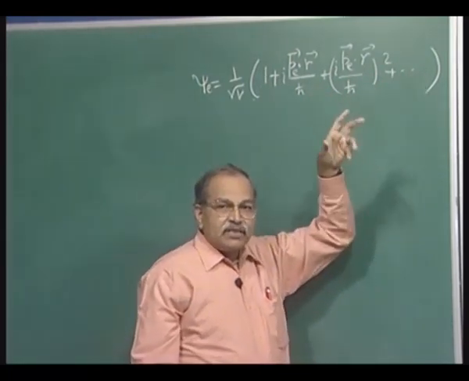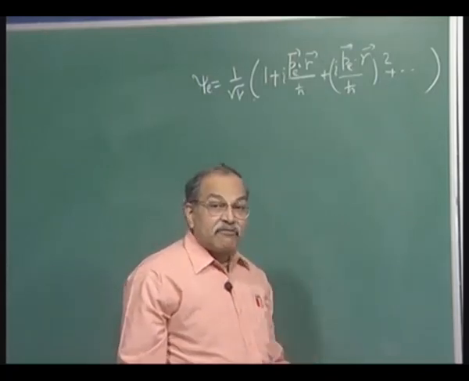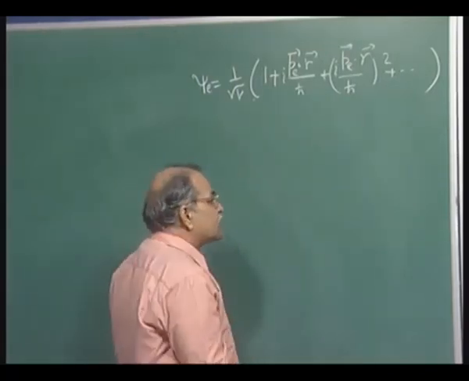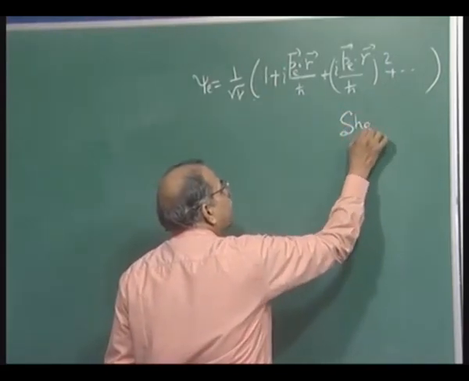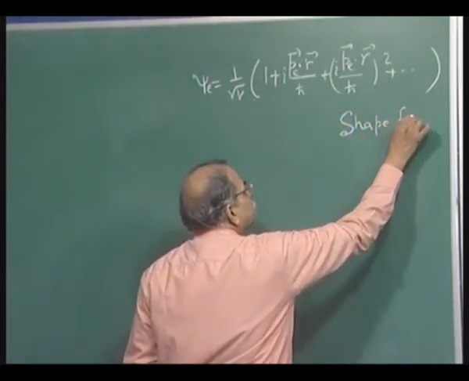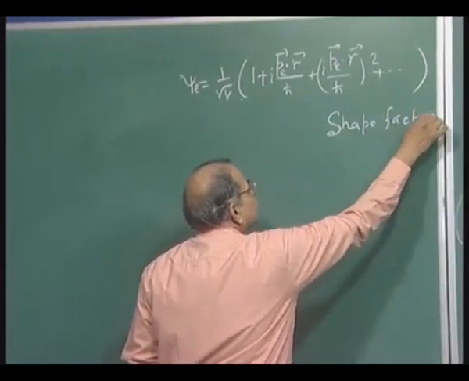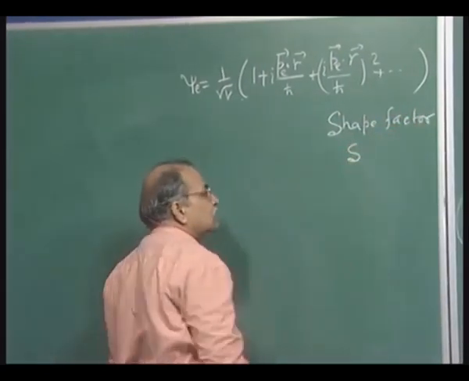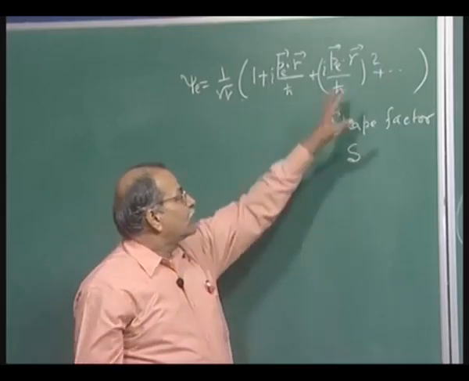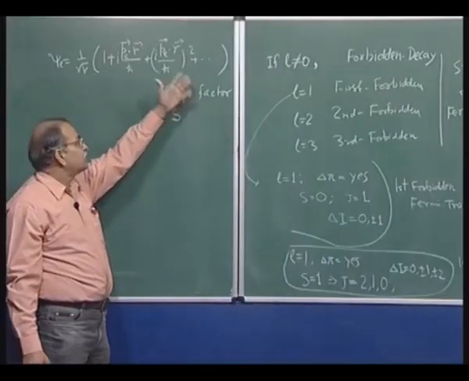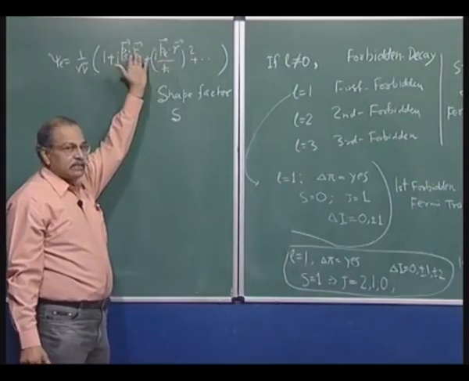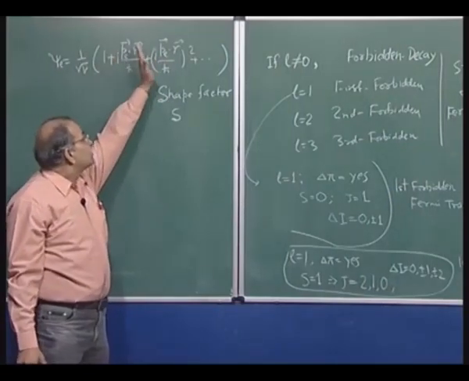This way the expression has to be modified, and those calculations finally give what we call the shape factor S. This will depend on what L you are using, first forbidden or second forbidden or third forbidden, what kind of transition it is, Gamow-Teller or Fermi, and where you are stopping.